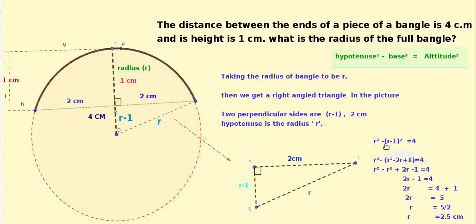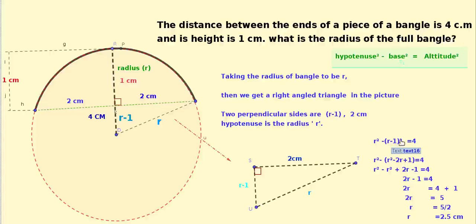So r square minus, in brackets, r minus 1 whole square is equal to 4. What is r minus 1 whole square? We already learned in the identities that a minus b whole square is a square minus 2ab plus b square.